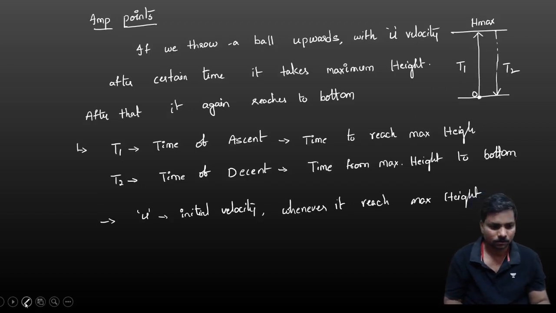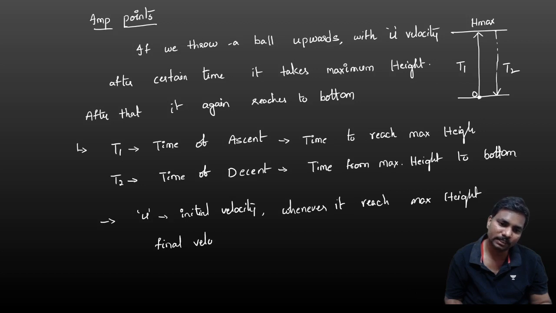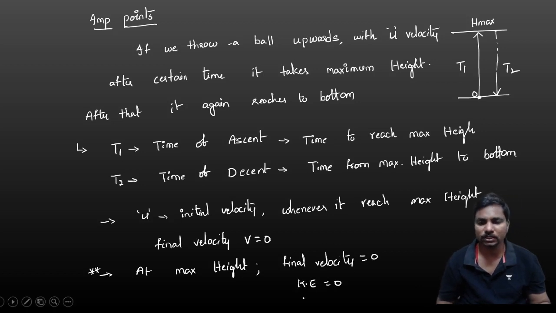So at maximum height, the final velocity v is equal to 0. That means the kinetic energy is equal to 0. As velocity is 0, kinetic energy is 0.